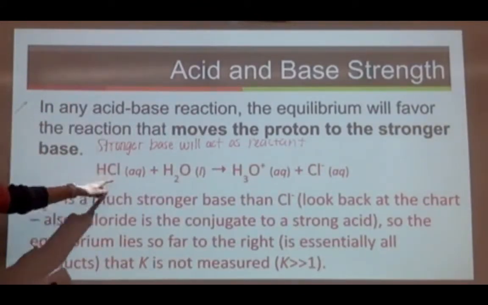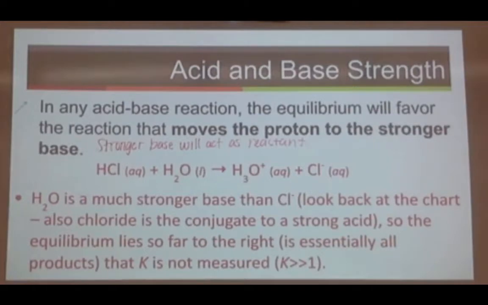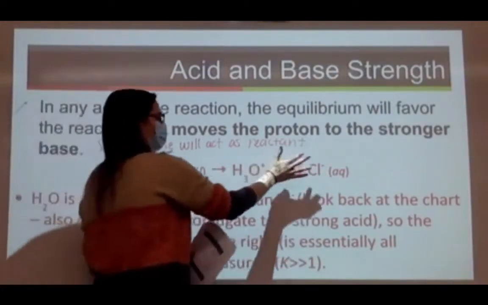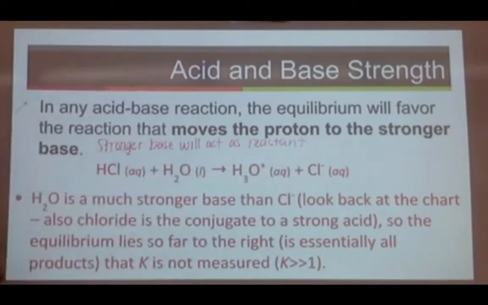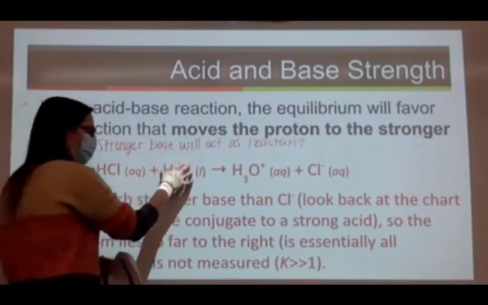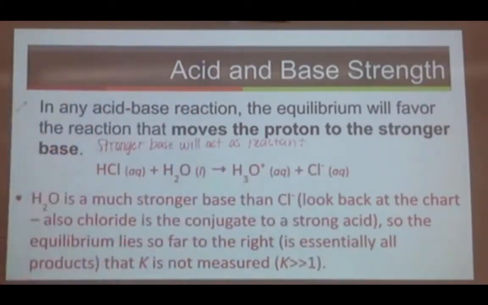So in this example, and again, we're going to look at labeling the conjugate acids and conjugate bases, but H2O, right? You always have an acid and a base on each side of the arrow. Looking at this, water is the base on the left, Cl- is the base on the right.